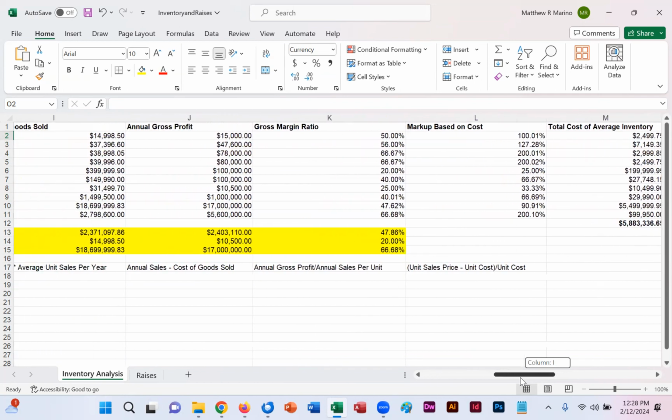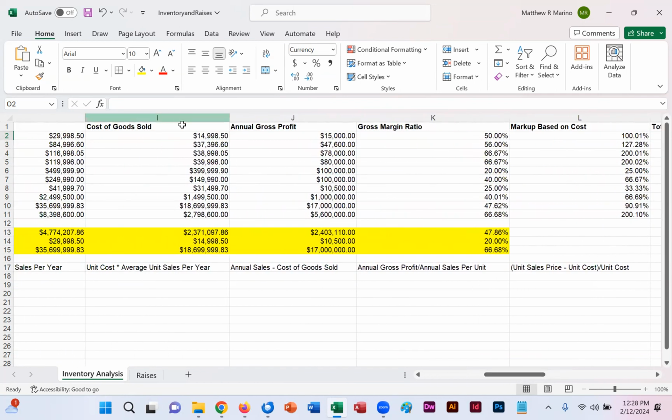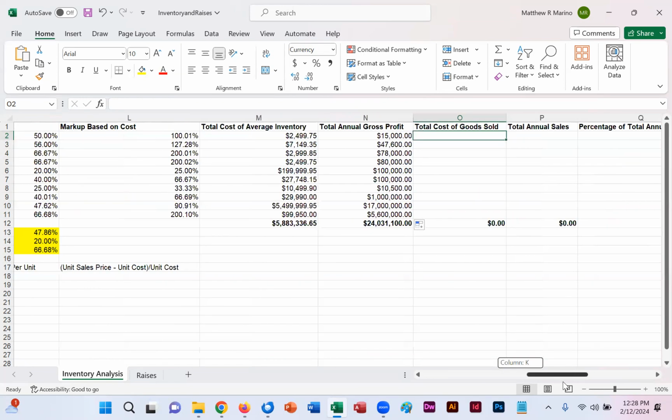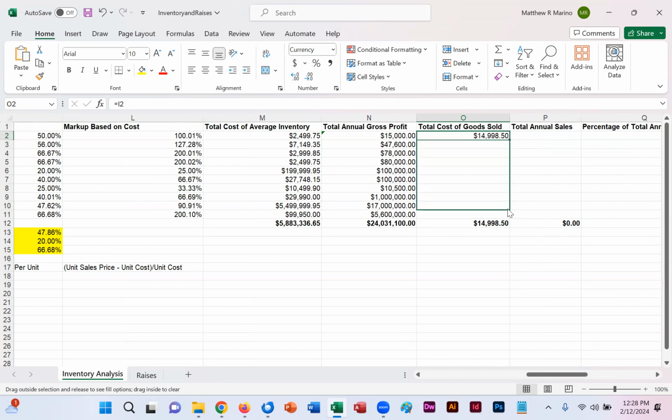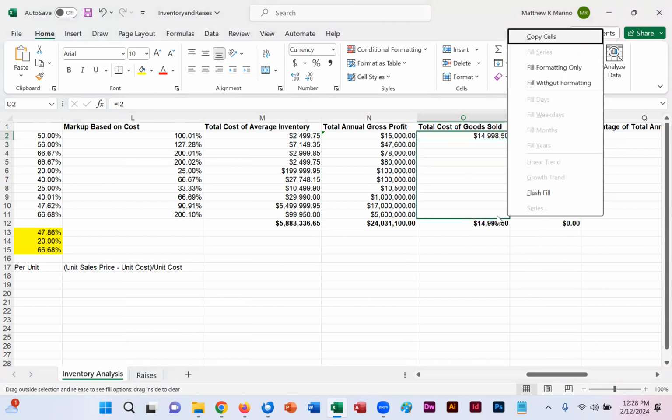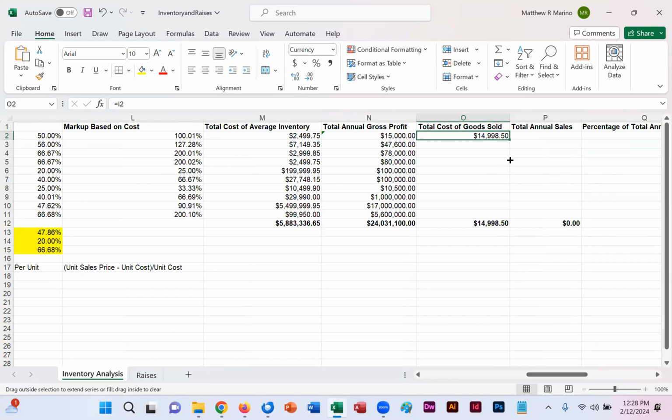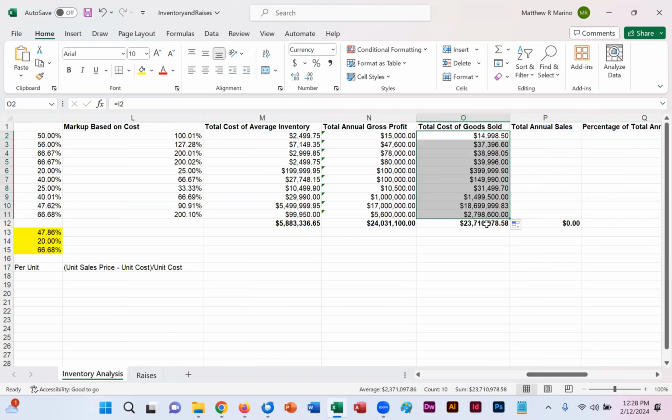You'll recall we calculated cost of goods sold here in column I. So we just do equals I2, enter, click back in that cell, white plus to black plus, auto fill down. So this way we have our total cost of goods sold.